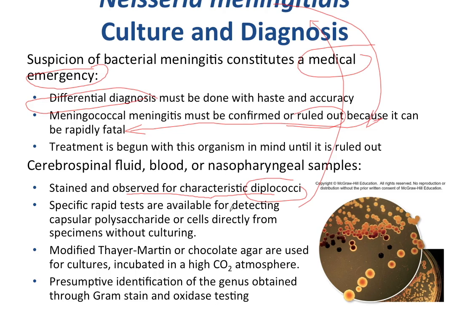We can also detect the capsule polysaccharide to make a diagnosis, okay? We can also culture the samples on Thayer-Martin or chocolate agar plates. If the colony grows on the agar, that means those are Neisseria.